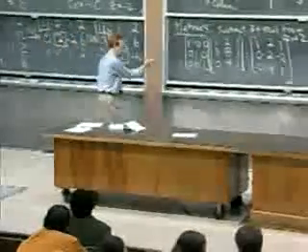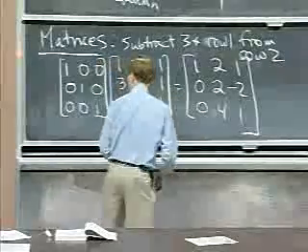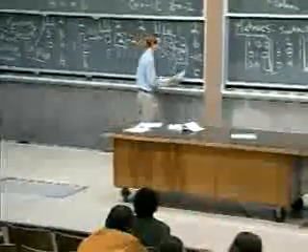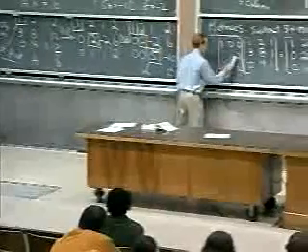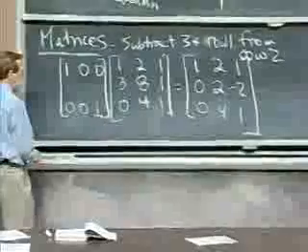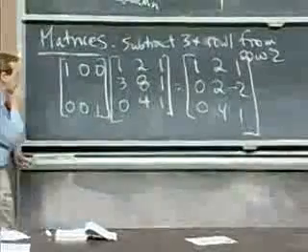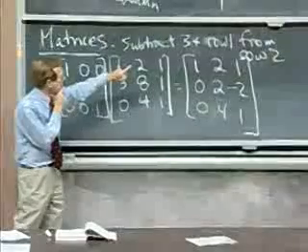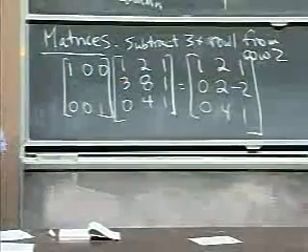But that's not what we want, because we want to change row 2. So what should I put in here to do it right? I want 3 of row 1 to get subtracted off.